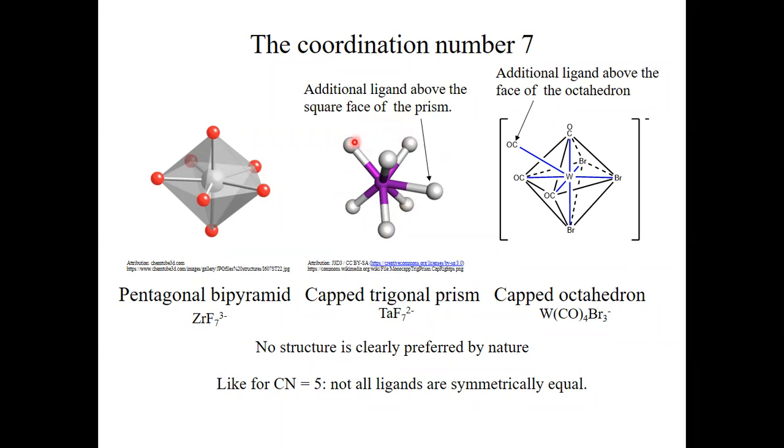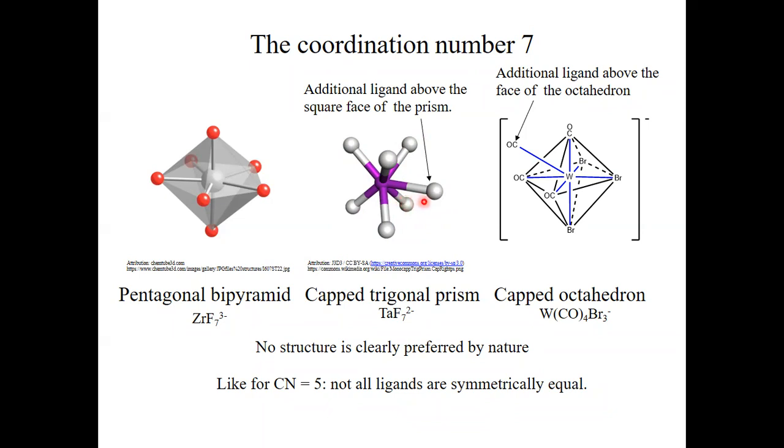You see that this triangle here and that triangle here, they are actually eclipsed. Yeah? And then you have the 7th ligand capping the square, which is made of these 4 ligands belonging to the different triangular faces.